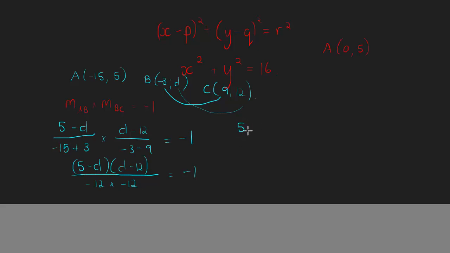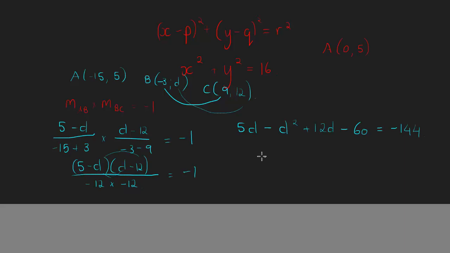If I multiply it out, I get 5 times d minus d squared plus 12d, and then minus 60. 5 times 12 is equal to 60, and then here I get 144 multiplied, that side gives me negative 144.